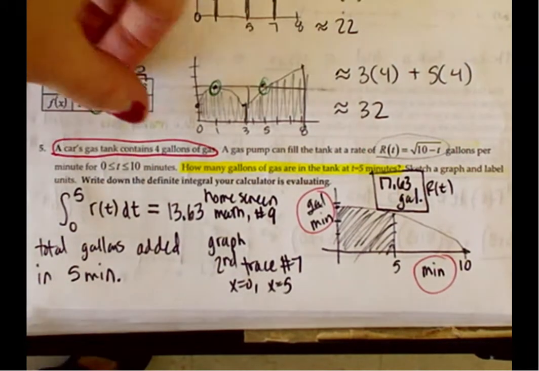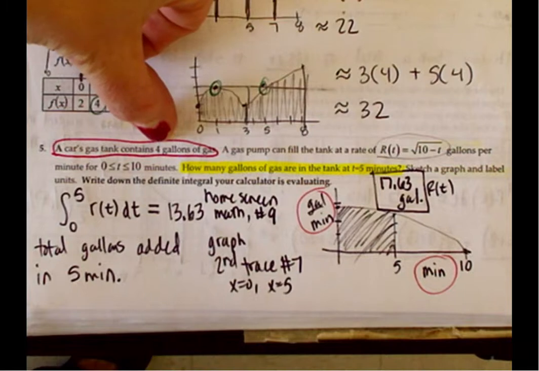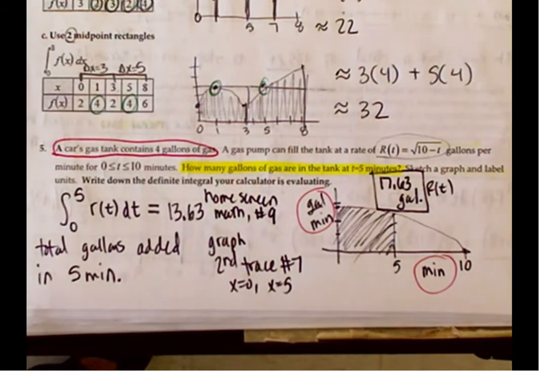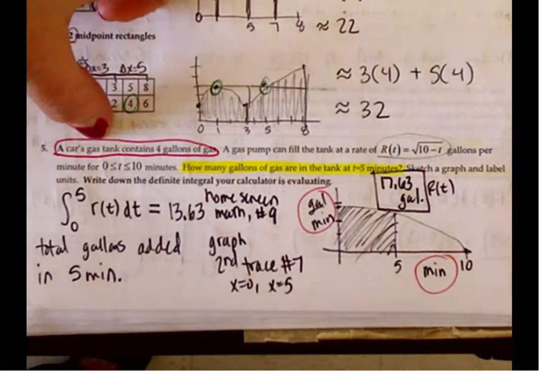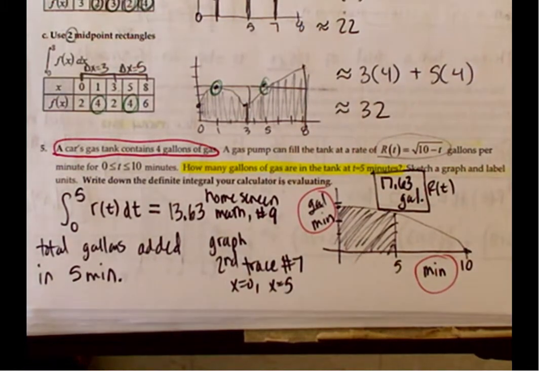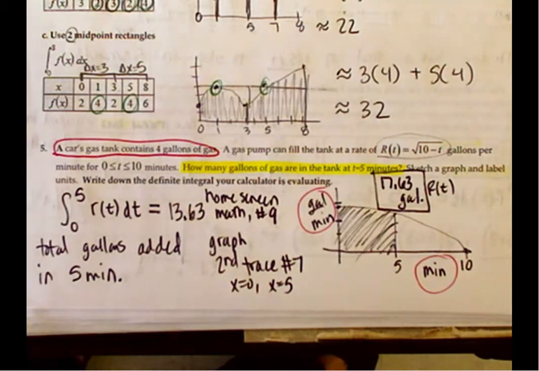We started at 4, circled in red, and we added 13.63. The integral only finds the amount of change. It doesn't take into account how much you started with.